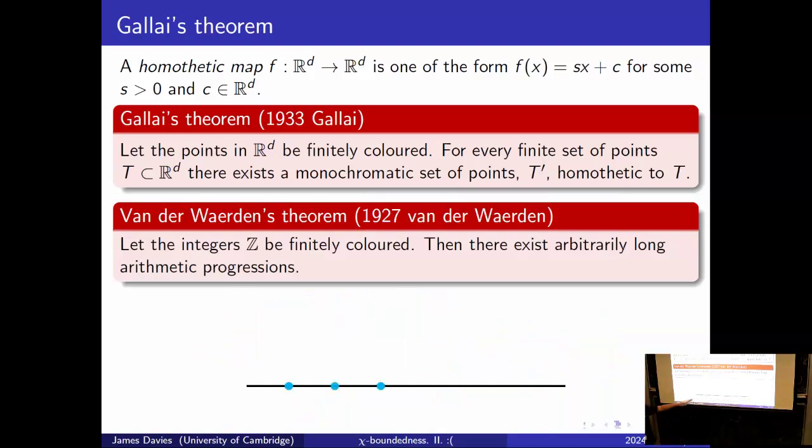It's like looking at the case where our set T is just some evenly placed points, like 1 to k. An arithmetic progression is only a homothetic copy of this, from scaling and translation. So van der Waerden's theorem is a special case of Gallai's theorem.